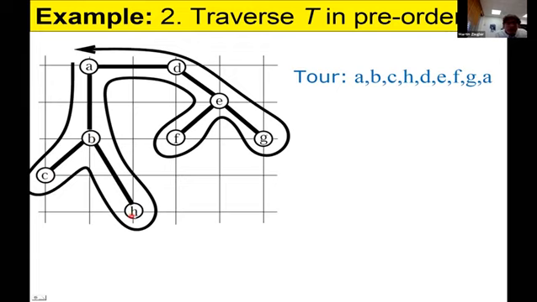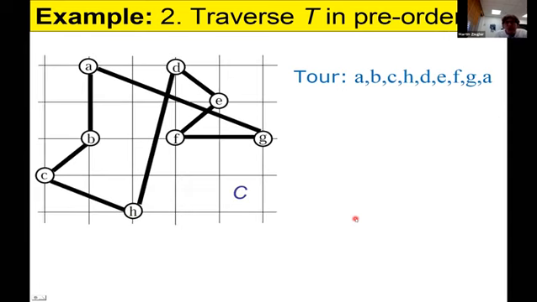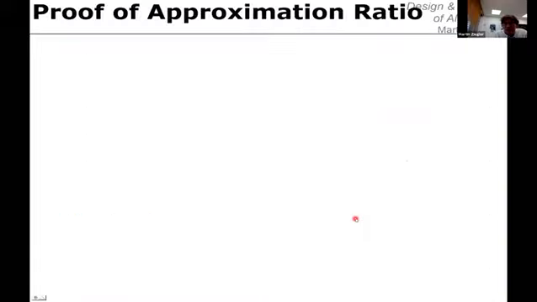Going from C to H directly should be no more expensive than going from C to B and then from B to H. And rigorously, this is exactly what the triangle inequality asserts: taking a detour is no shorter, could be equal, but it's no shorter than jumping directly from C to H. So taking these shortcuts only makes sense because we have the triangle inequality. And it was reflected in our formal analysis of the algorithm, of its approximation ratio.